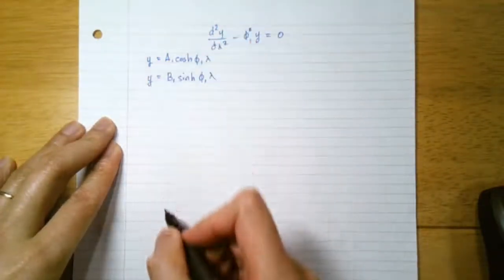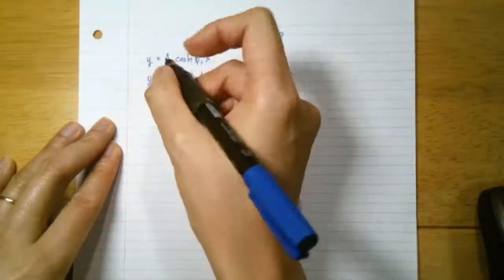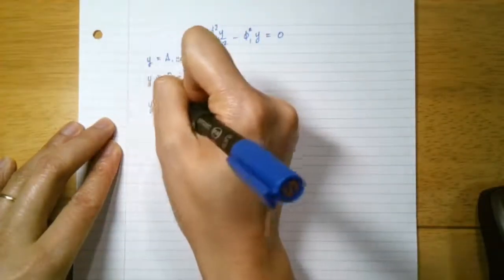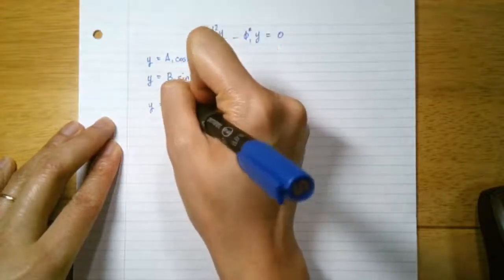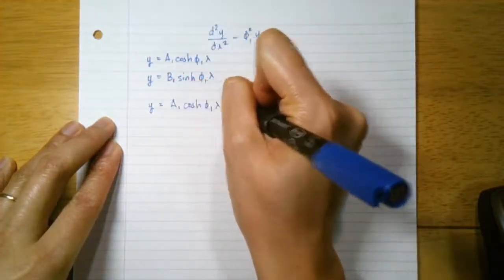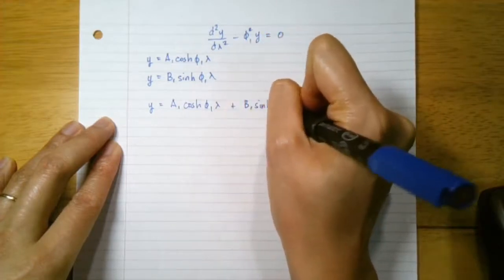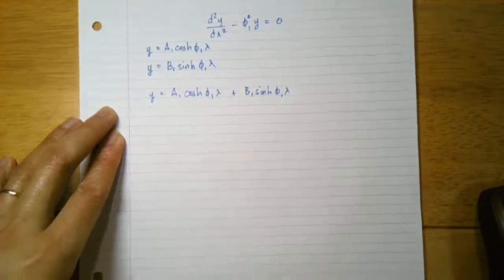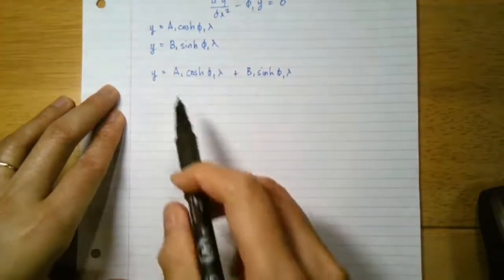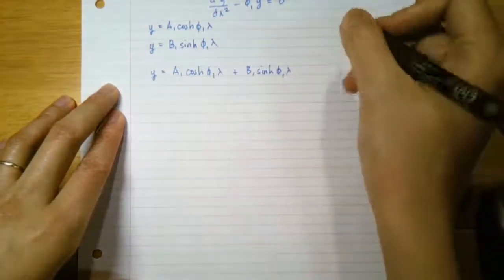So a more general solution is a linear combination of the two. We can write y equal to a1 cosh phi 1 lambda plus b1 sinh phi 1 lambda. Let's write y in terms of our dimensionless concentration.